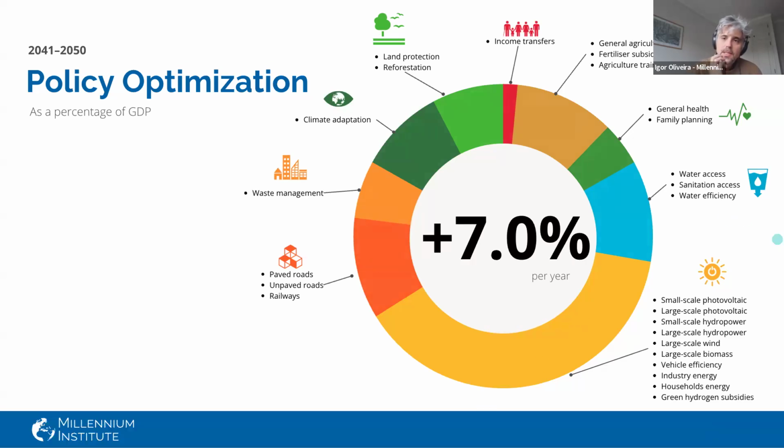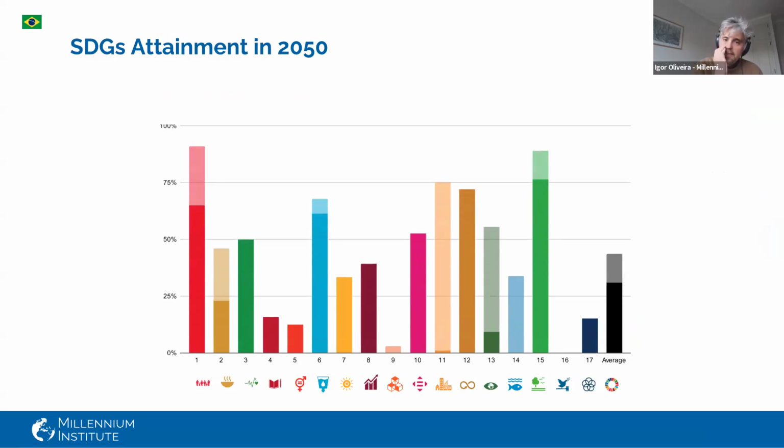So that's the summary of this. And here's the graph that shows the difference for each of the SDGs between the policy optimization that we did and the most optimistic scenario that we had already before, right? So you can see that there is quite an additional performance that can be achieved, especially in SDGs like SDG 11, SDG 2, SDG 14.